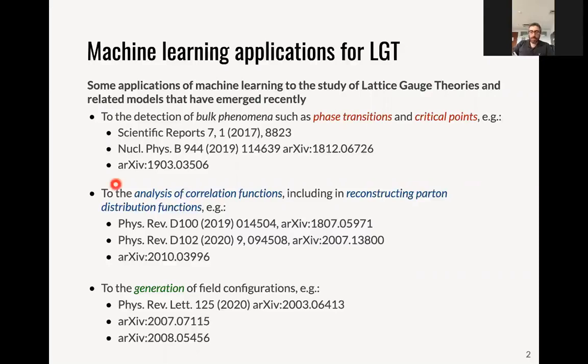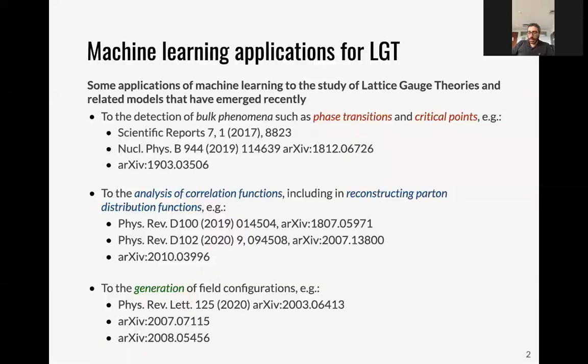Machine learning for the analysis of correlation functions, specifically in reconstructing PDFs, is similar to what is done experimentally, and now people are also doing it on the lattice. And then the last one here is machine learning for accelerating or just for improving the generation of field configurations.